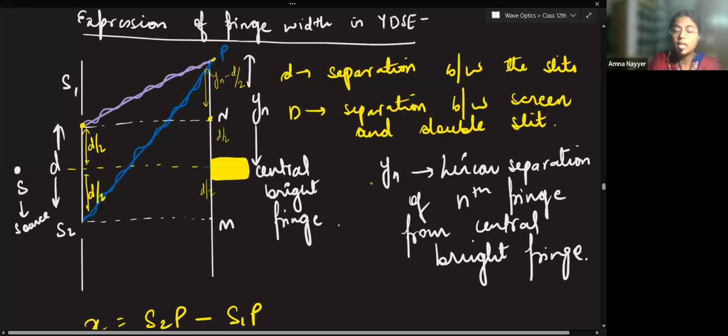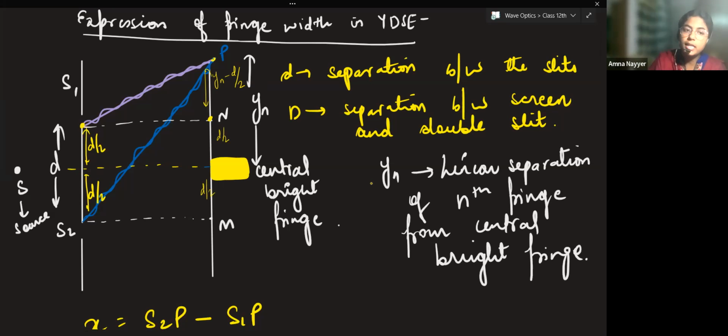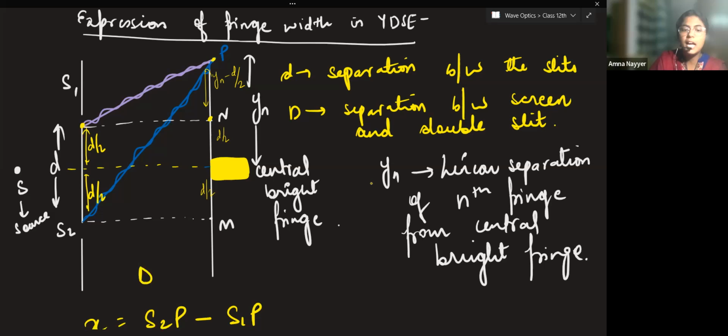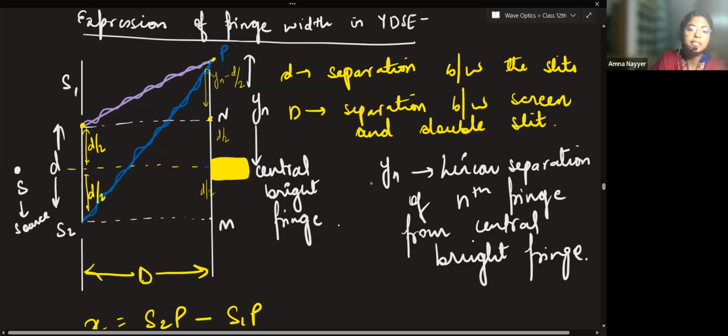One more thing: small d is the separation between both the slits. The separation between the slits and the screen, where the waves and bright fringes are obtained, we have taken as capital D. I have written it here, but I forgot to discuss it.